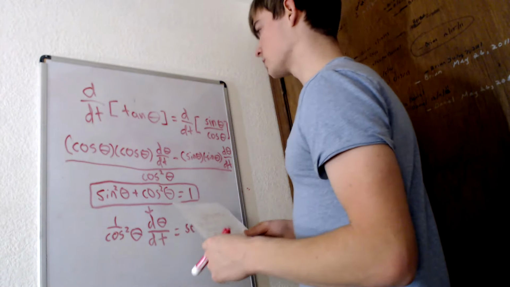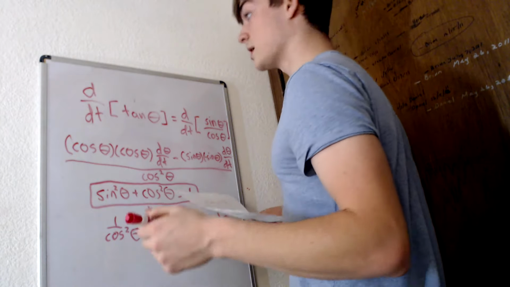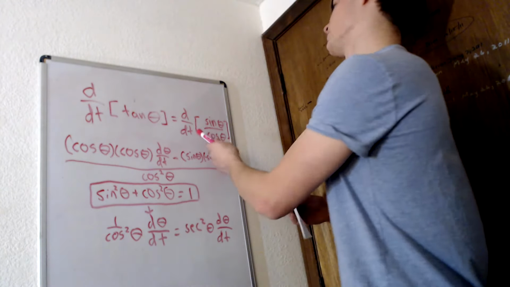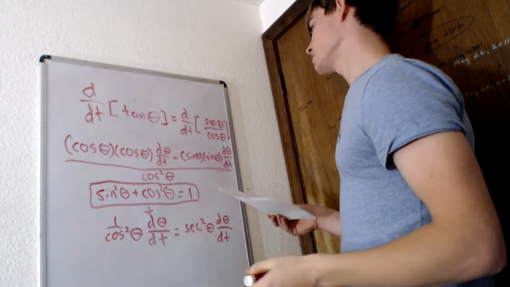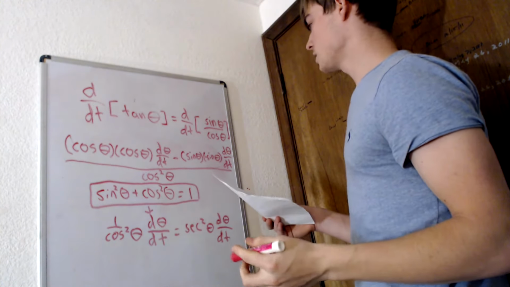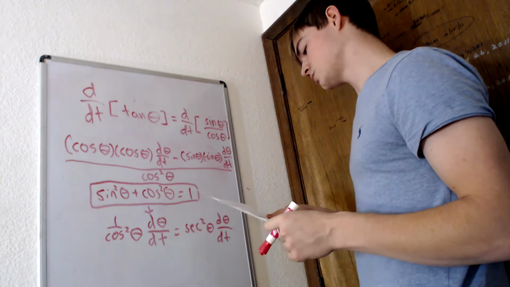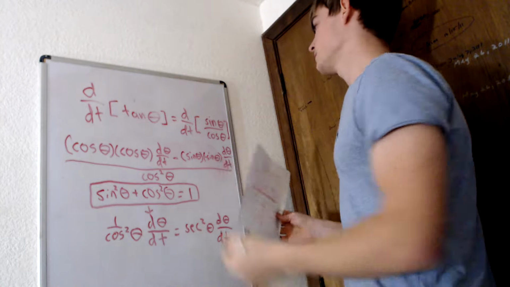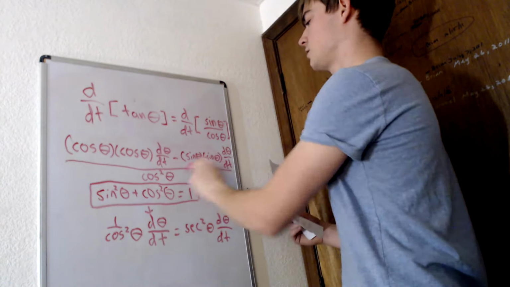Alright, so we're going to have to take the derivative of tangent first. Now to do that, it makes it a lot easier if we take the derivative of sine of theta over cosine of theta, which is equal to tangent of theta. So we're going to have to use the quotient rule and implicit differentiation. So low d high minus high d low, all over low.